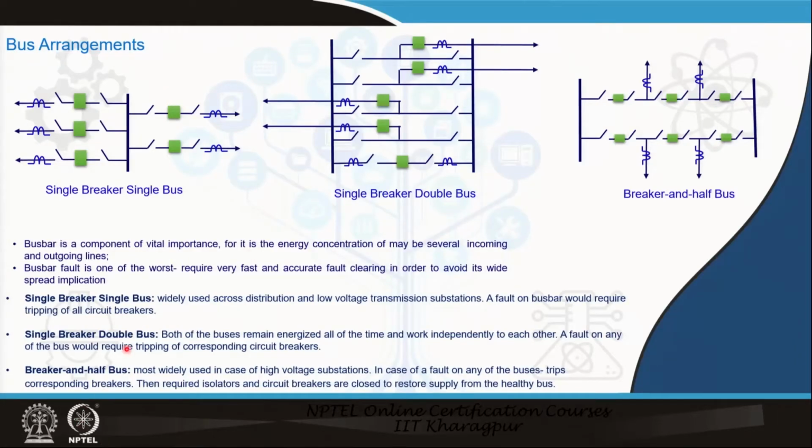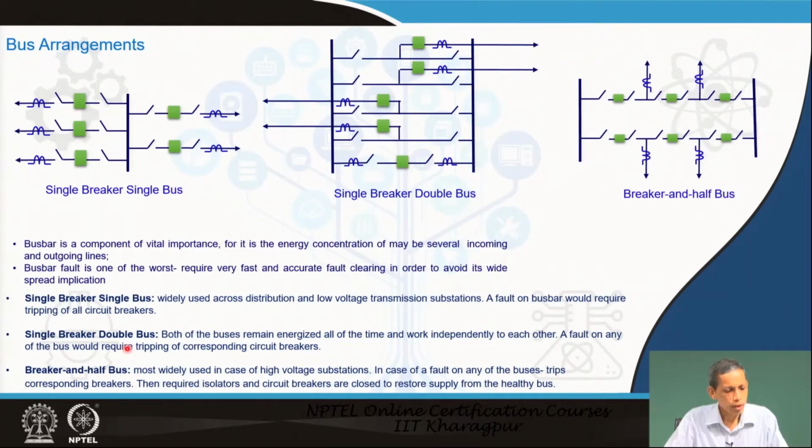Bus bars can be arranged in different ways. If you see different substations in a power system, we will find different combinations of isolators, circuit breakers, and line connections to bus bars: single bus, multiple bus, and there are other options.